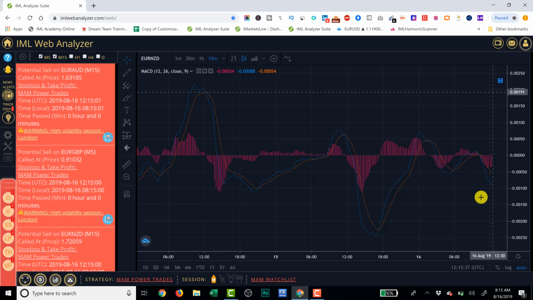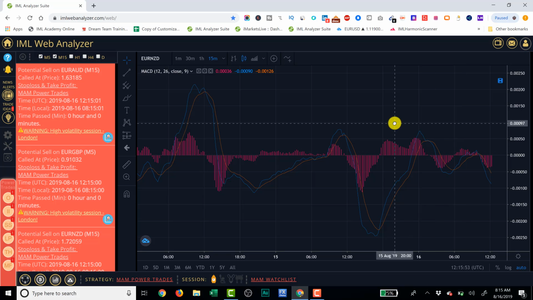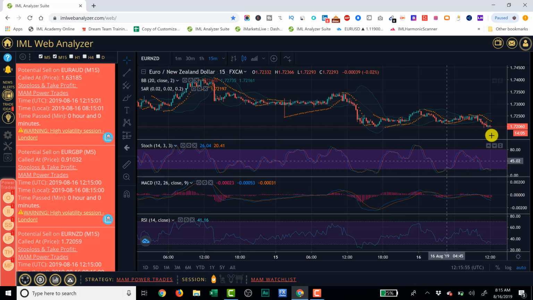Remember, when that red line gets closer, what we do, we're going to write it down, because these signals are going to start coming in quick. It's not ready to sell yet. We're going to wait about 2 minutes.